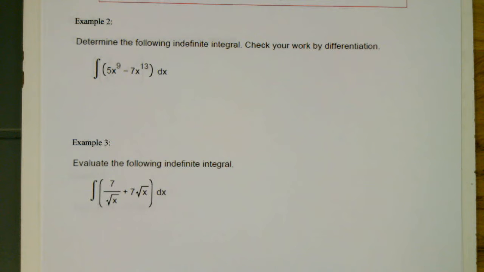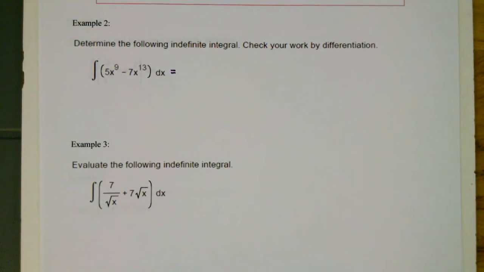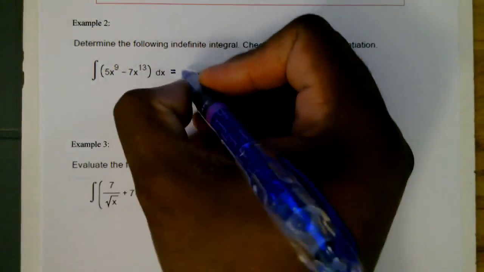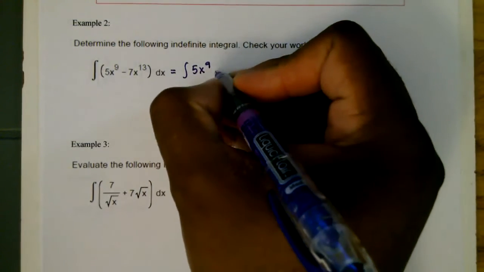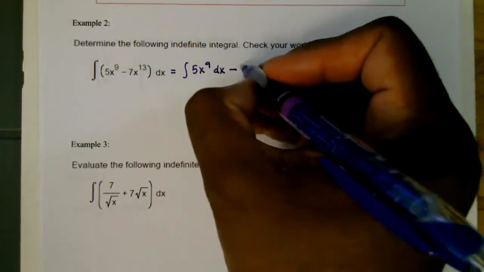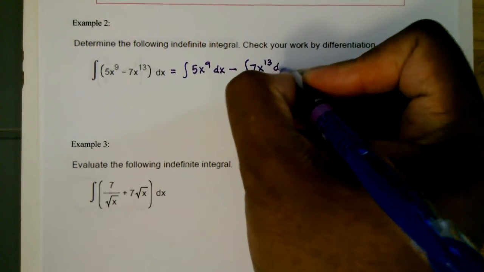Let's first use the sum and difference rule by breaking this apart, because I can take the integral of each term. So here I can do the integral of 5x to the 9 dx minus the integral of 7x to the 13th dx.